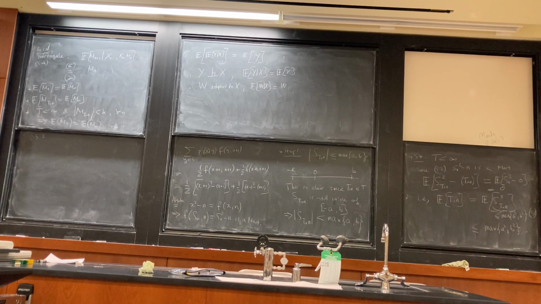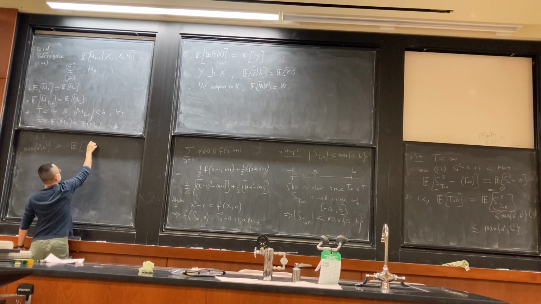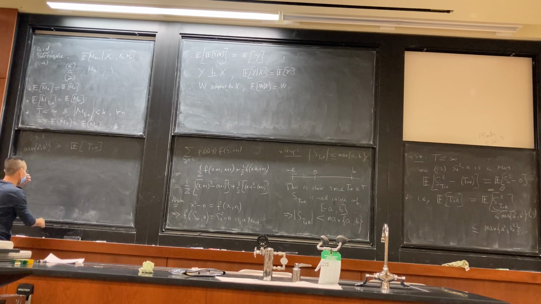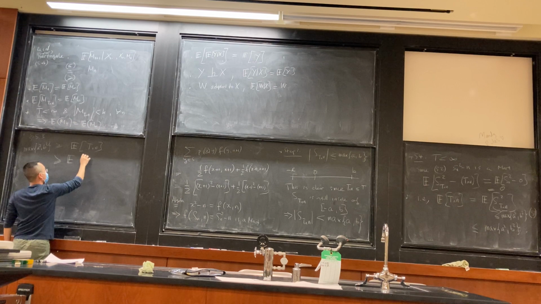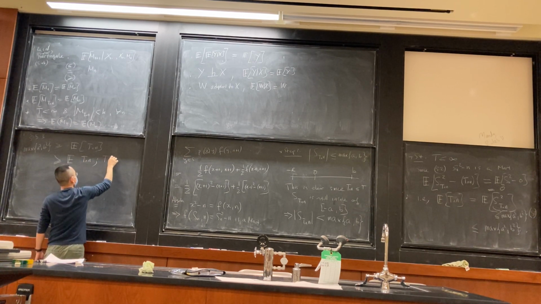So note that I have b squared is greater than the expected value of T∧n. But this can be bounded from below by the expectation of T∧n restricted to the event that T is greater than n.